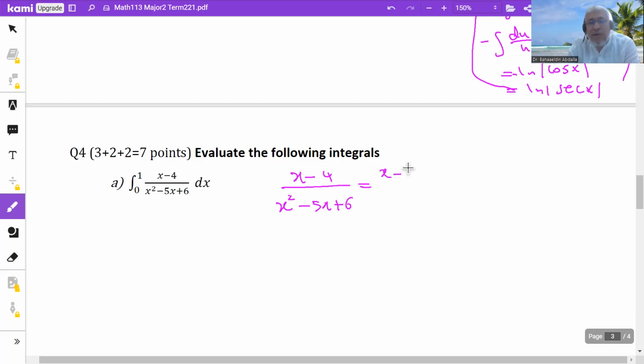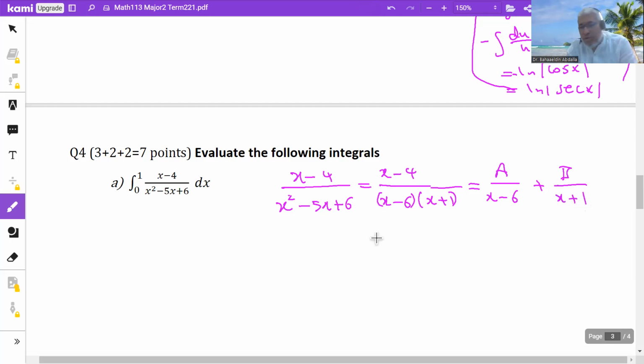First, I will factor the denominator. Two numbers, their product is 6, their sum is negative 5. So negative 6 and 1. Okay, negative 6. Okay, that's it. And now I have two linear factors, so I can write it as A over x minus 6 plus B over x plus 1.